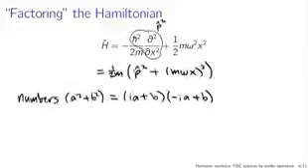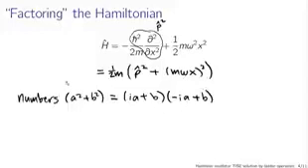If you expand this out, you'll end up getting a squared from multiplying these, a b from multiplying these, and similar to the cross terms in, say, (a minus b) times (a plus b), the cross terms end up canceling out, and we would end up with what we started.